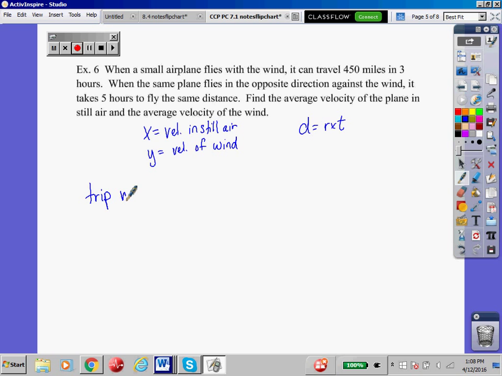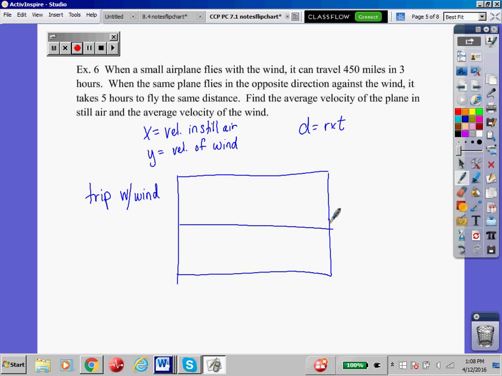All right, so if I want to look at the trip with the wind, if I'm going to take the velocity times the time, it should give me the distance.